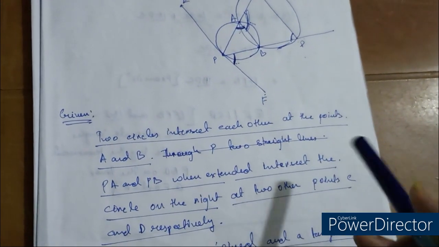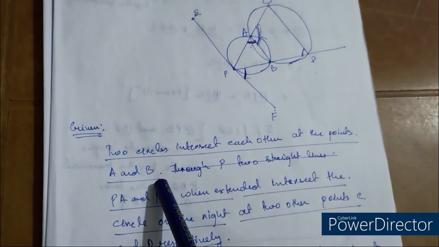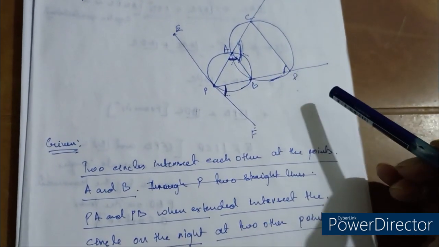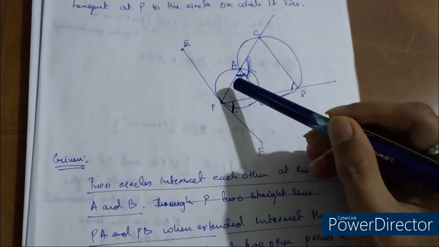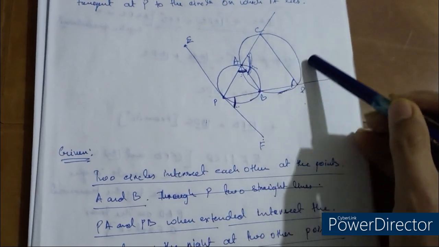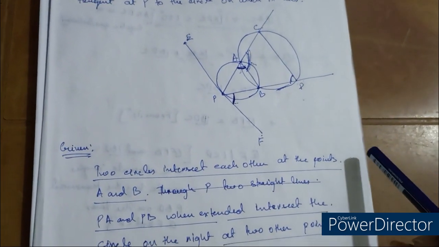So given two circles intersect each other at points A and B, PA and PB, when extended, intersect the circle on the right at C and D respectively.